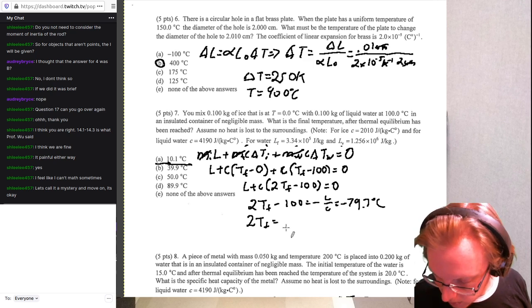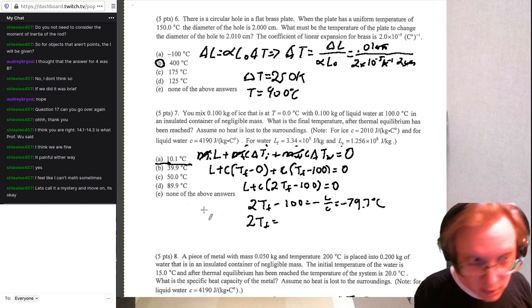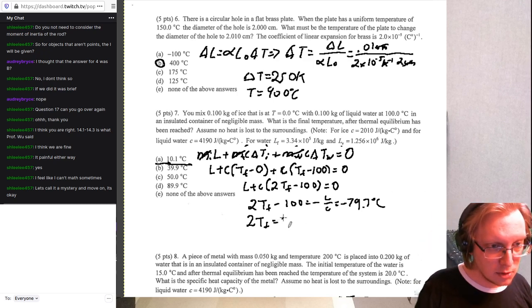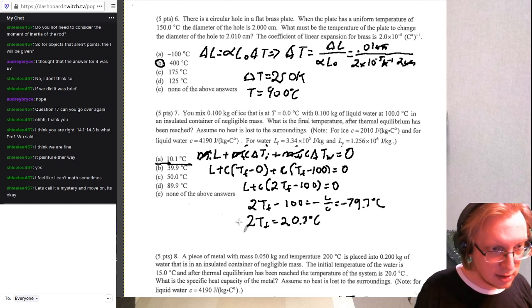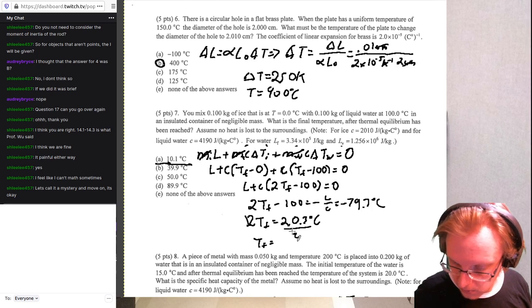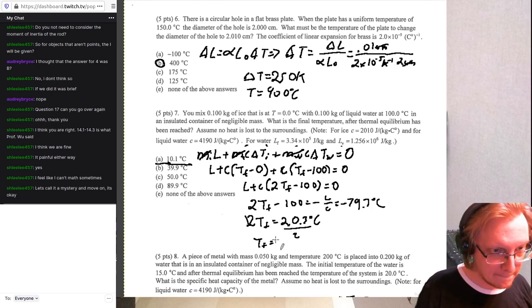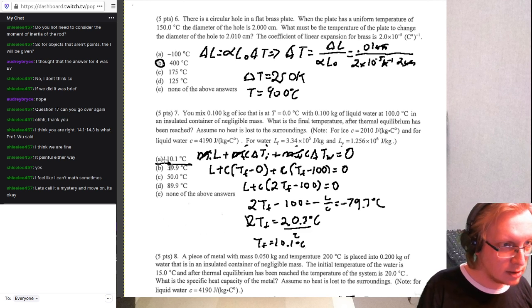Oh, negative. There we go. 20.3 degrees Celsius. Divide 2 to the other side, and I end up with TF is equal to 10.1 degrees Celsius. There we go.